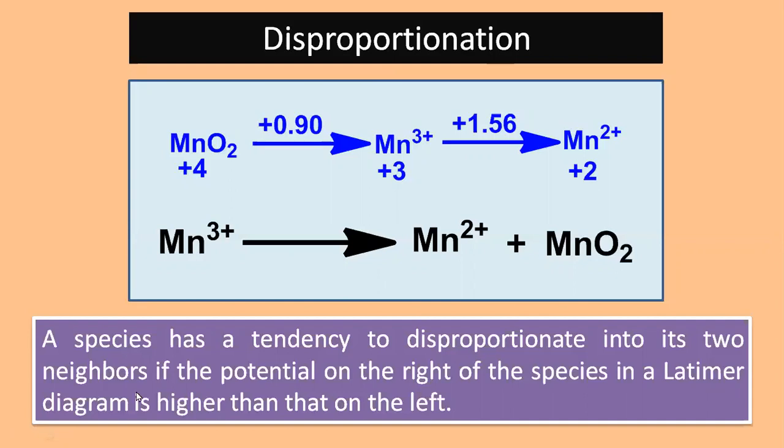The meaning is that this species will not be stable and it will convert to Mn2+ and Mn4+. So this is the disproportionation which I got from the Latimer diagram. If the right potential is higher, it will undergo disproportionation. If not, it will not.